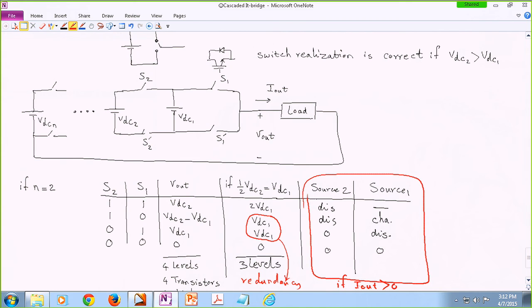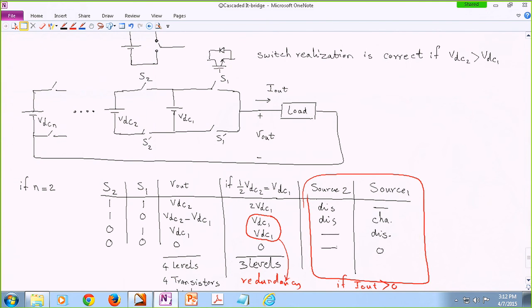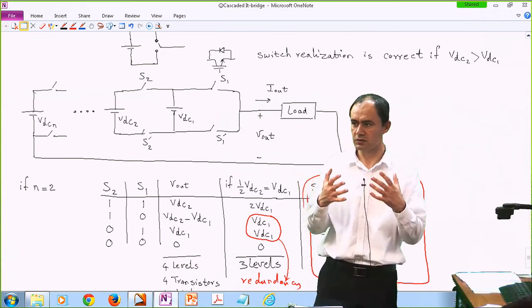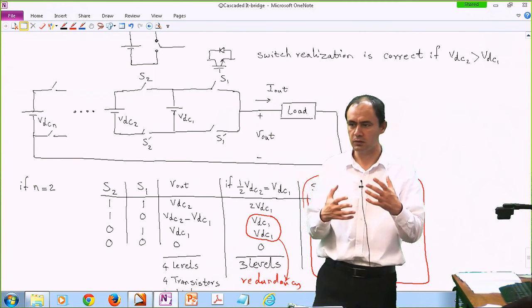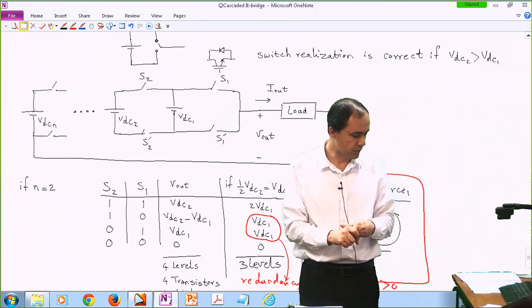Even if we assume that our output current is always positive, there is a possibility to use a capacitor instead of source number 1, and depending on what mode we select, we can sometimes charge this capacitor and sometimes discharge it. So ideally, we have the opportunity to regulate the voltage of this capacitor at half of the input voltage. That's why the term flying capacitor comes in.